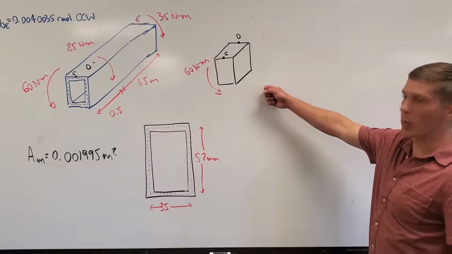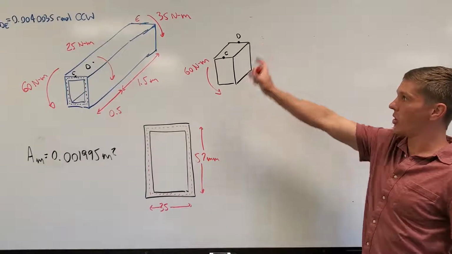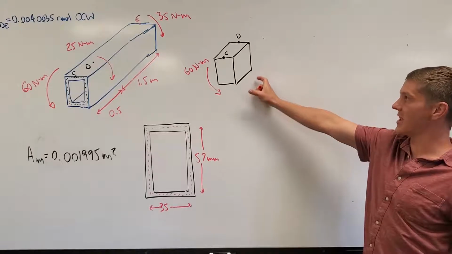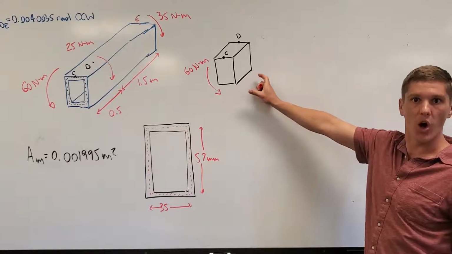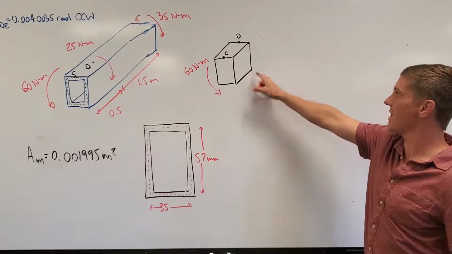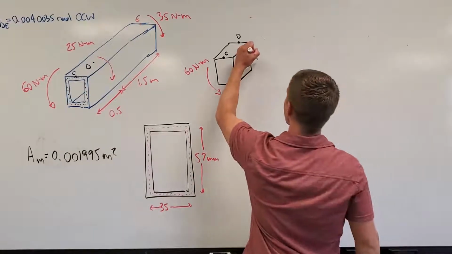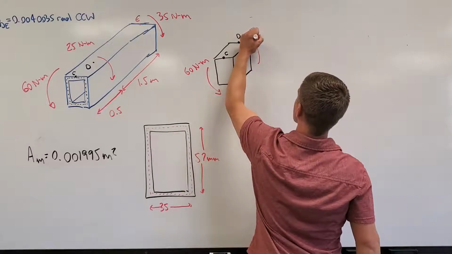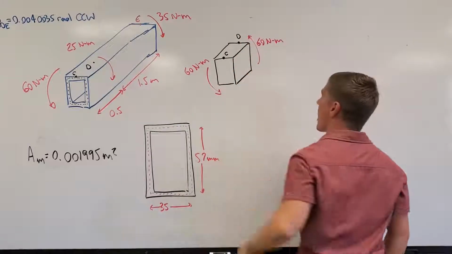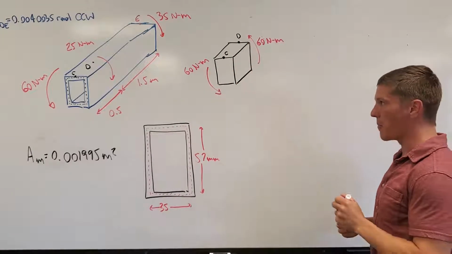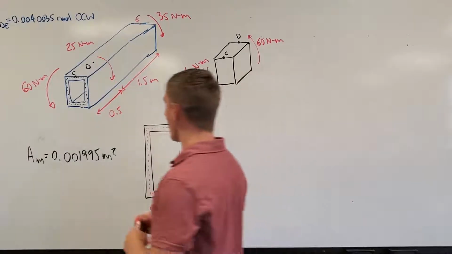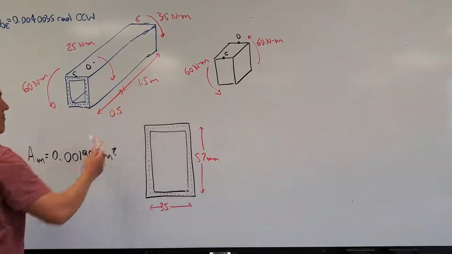For equilibrium, if the whole shaft is in equilibrium, then this individual component of the shaft must also be in equilibrium. That means my internal moment on this other side is also going to be 60 Newton meters in the opposite direction. Before we were analyzing a 1.5 meter length of shaft.